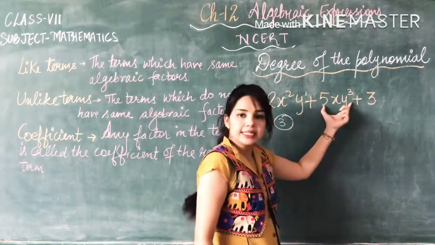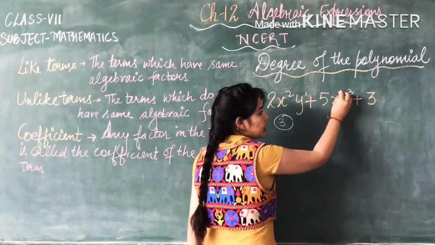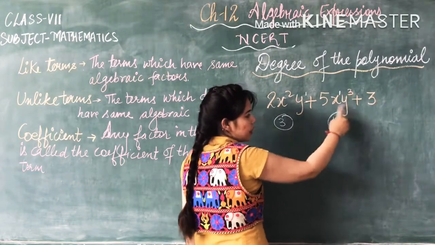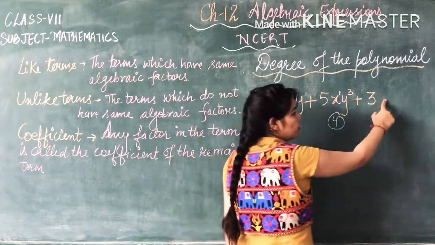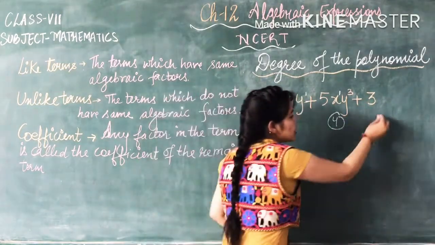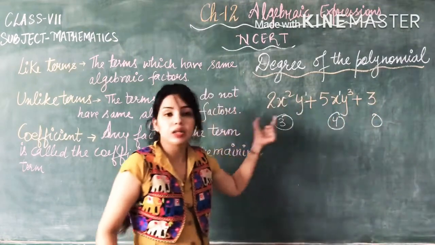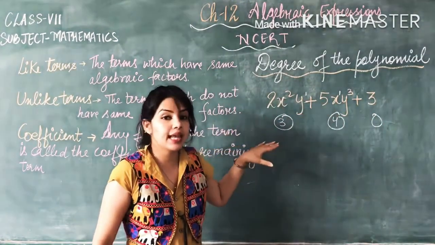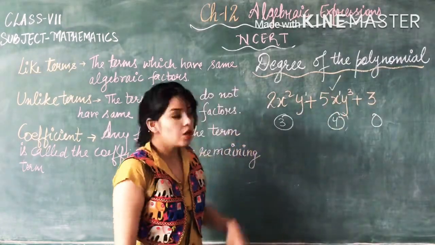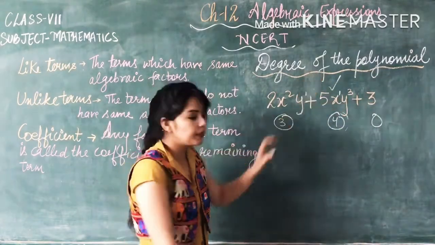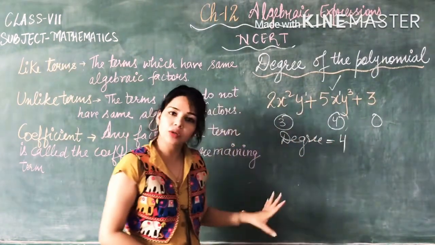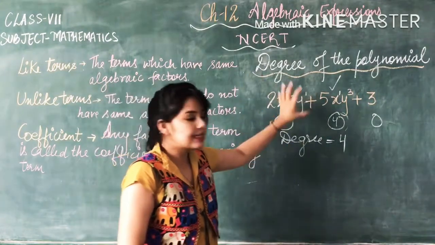For the next term, if there is nothing on x, that means it is 1, so 3 plus 1, 4. The highest power for this term is 4. And with 3 there is neither x nor y, which means it does not have any power, so it is 0. Out of all 3 terms, which one has the highest power? The center one, and the highest power is 4. So the degree of this polynomial is 4.